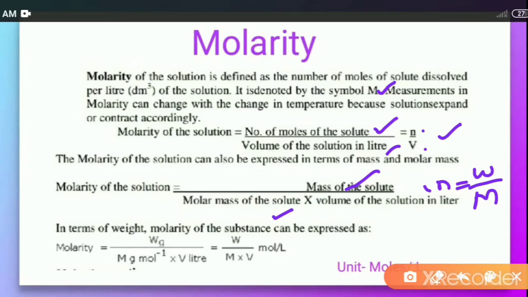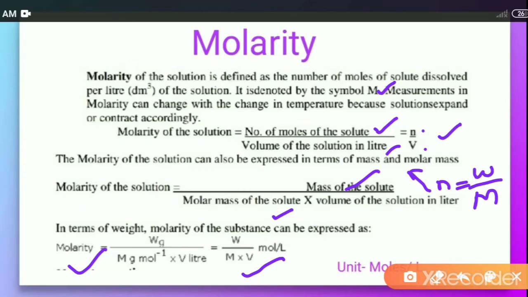Substituting this value, we get molarity equals W by M into V, where W is the given mass, capital M is the molar mass, and V is the volume.